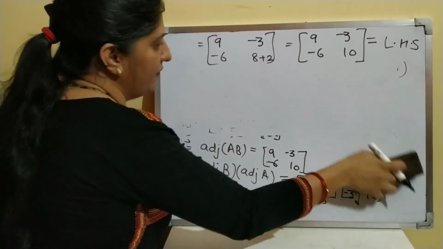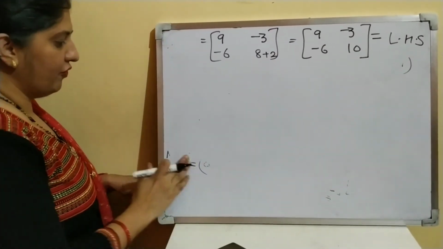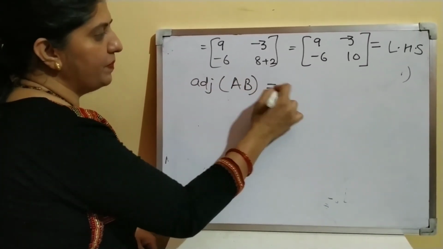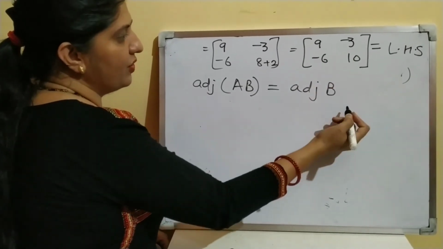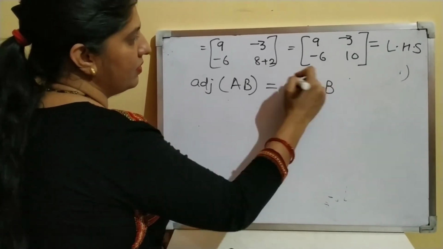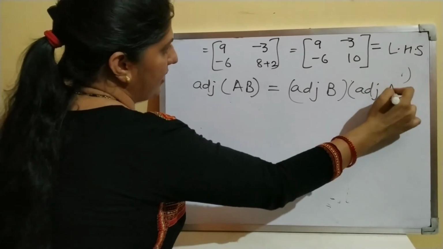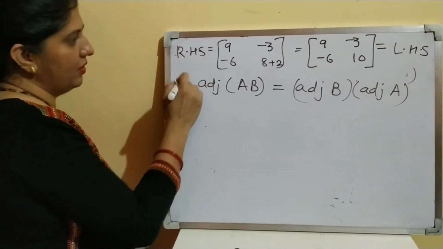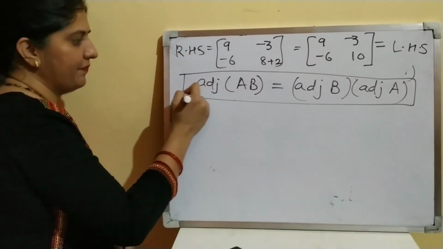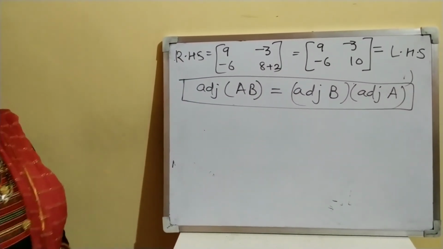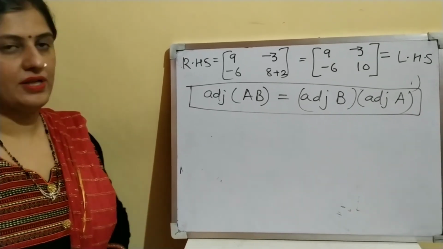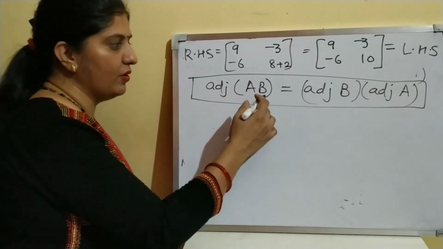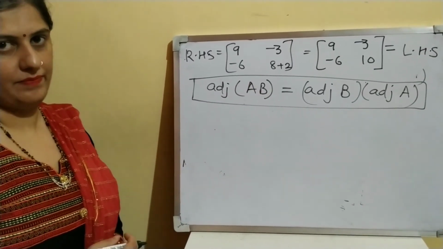In this way, we verify that for any square matrices, adjoint of AB is equal to adjoint of B into adjoint of A. You can take any example of matrices of order 3 by 3. But remember, the order of A and the order of B must be the same.